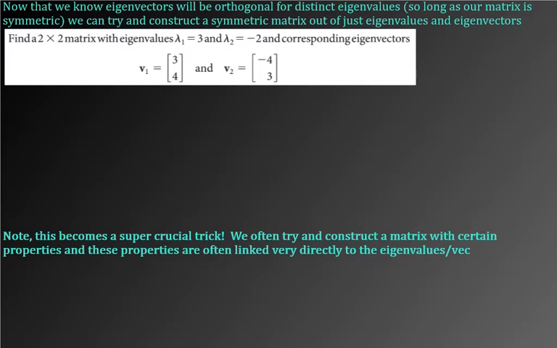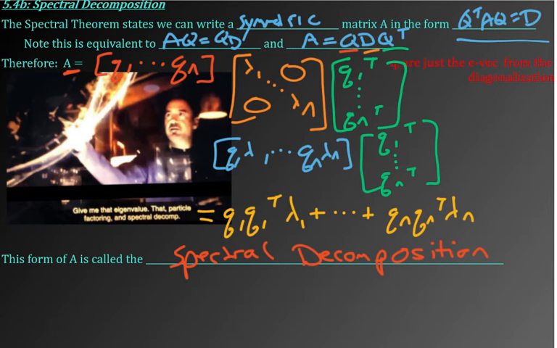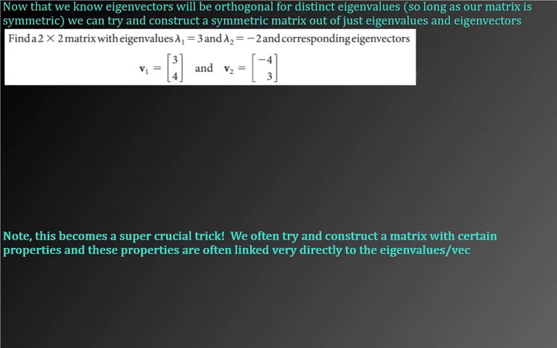Okay. So what we're going to do here is basically what I remember doing with spectral decomposition. Its usefulness is actually in the reverse direction. A lot of times we take this and we create A. What I mean by that is, we might want to find a 2x2 matrix that has given eigenvalues and corresponding eigenvectors.